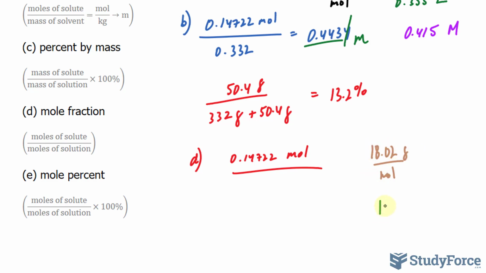I'll flip this where I have 1 mole at the top and 18.02 grams at the bottom. Multiply that by 332 grams. Watch this. This unit and this unit cancel out.